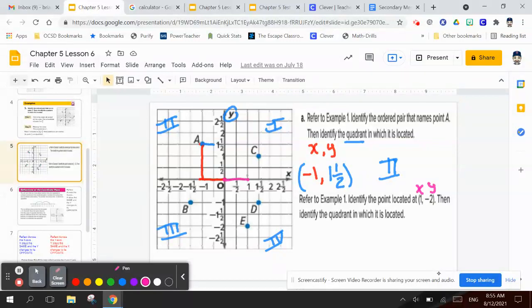So here's 1. Then I want to go up or down to y, which is -2. So I go down to -2, which is here. So whose house is here? That's E. What quadrant is it located in? It's located in 4.